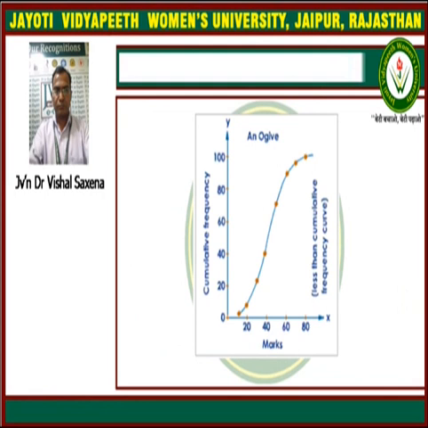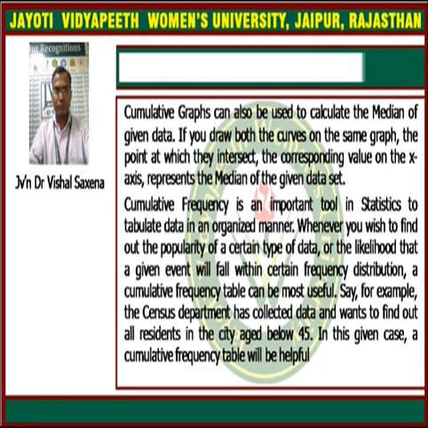An ogive of the less than type cumulative curve is shown, with cumulative frequency and marks. Using the less than ogive, we can find the residents in the city whose age is just below 45.